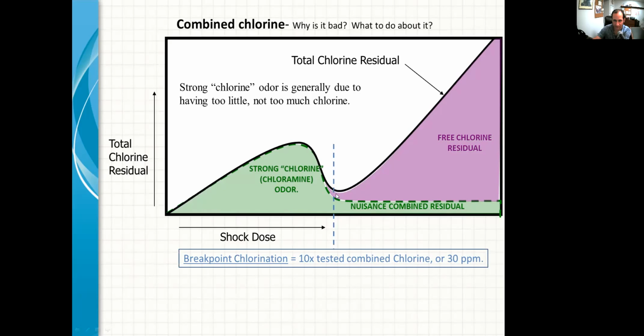The total goes down as the combined level goes down, and then over time the free chlorine residual should start to increase as the total goes down and that combined chlorine is broken up.